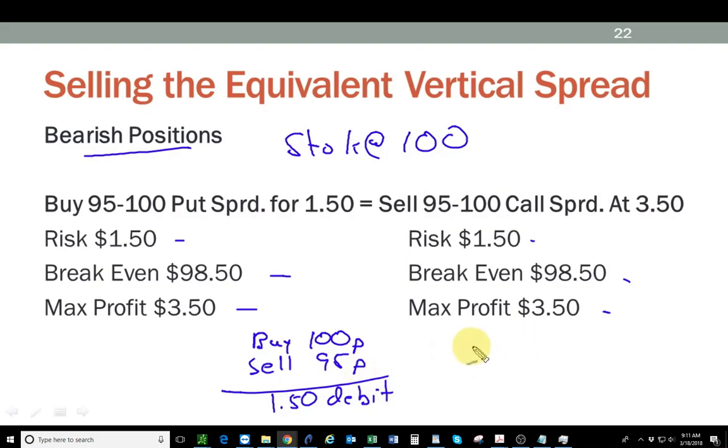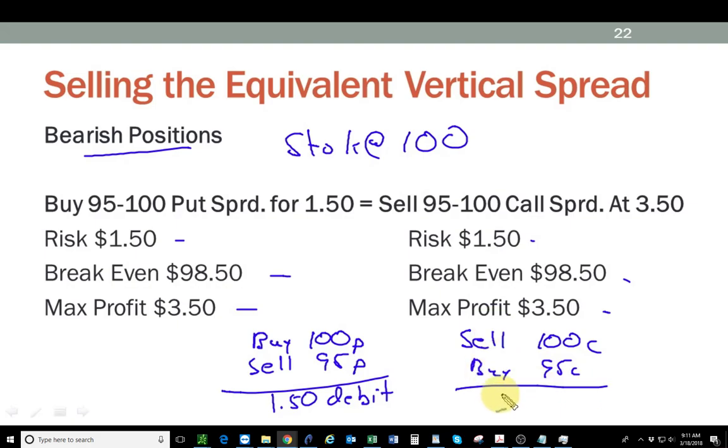All right. So the exact same thing is true over here. Here's the 95-100 call spread. Now, if you sell a 100 call, where do you want the stock to go? Down. Well, the stock's actually trading at 100. You sell the 100 call, you want it to go down. You turn around and buy the 95 call.